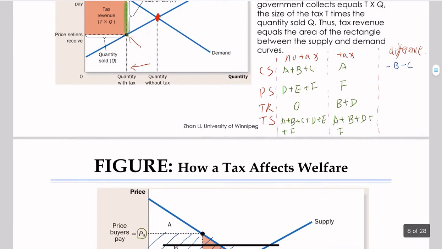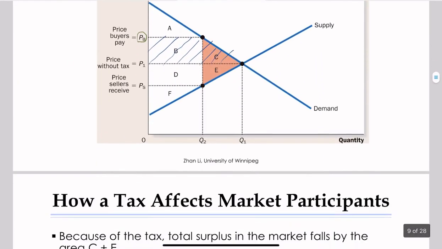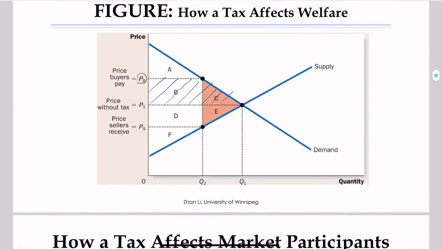And now, what is the decrease in the producer surplus? Well, it's minus D minus E. So in this case, you can see that the loss in producer surplus is given by this area.